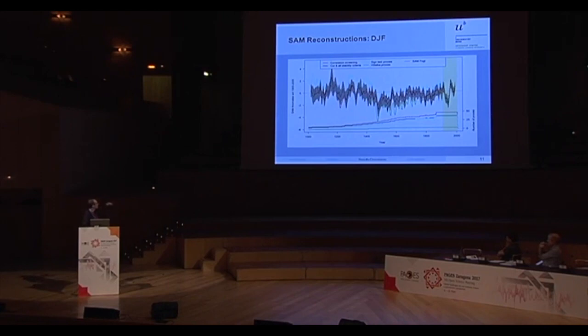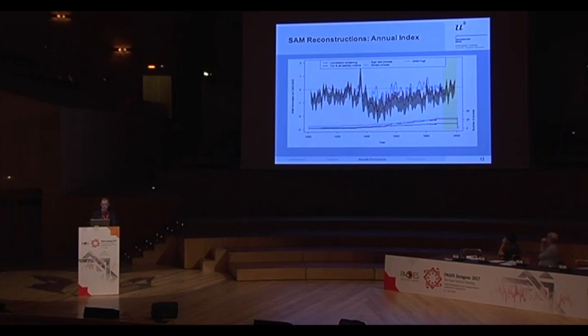If you focus on the black versus the red one, where the red is just the correlation-based screening and the black additionally has the stability criteria, you can also see a really good match between those. So that says the well-correlating proxies are also the stable proxies, and that's good news. And also on the multi-decadal timescale, if you compare it to Ricardo Villalba's reconstruction in green, we see a good match, although he used very few but high-quality proxies.